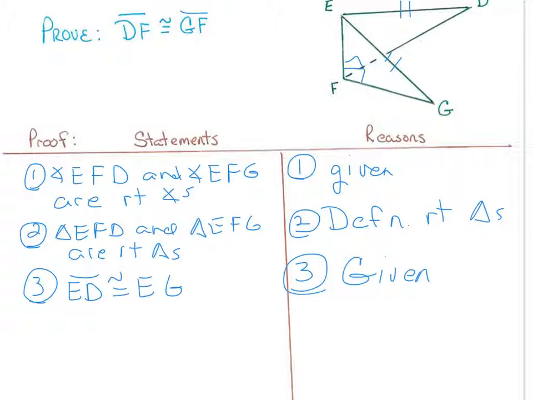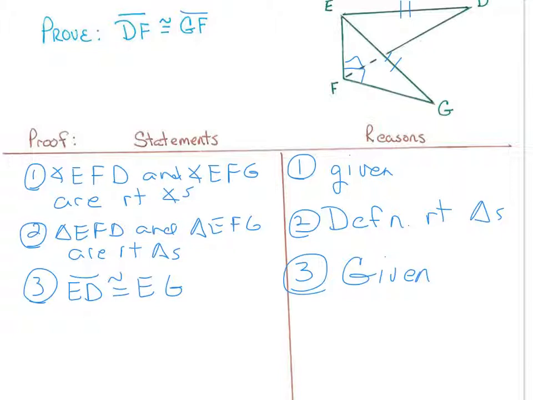What else might we call that knowing we have right triangles? The hypotenuse. Side ED and side EG are both hypotenuses of the respective right triangles. What does that mean? The longest side. And the hypotenuse is always opposite the right angle.